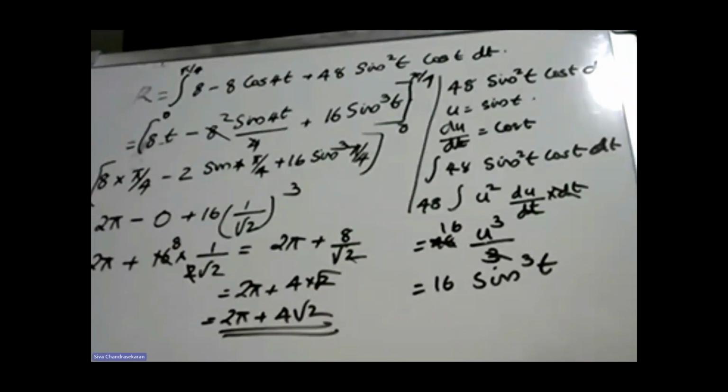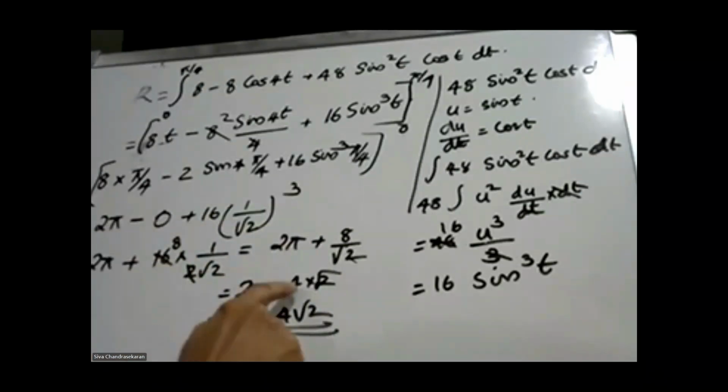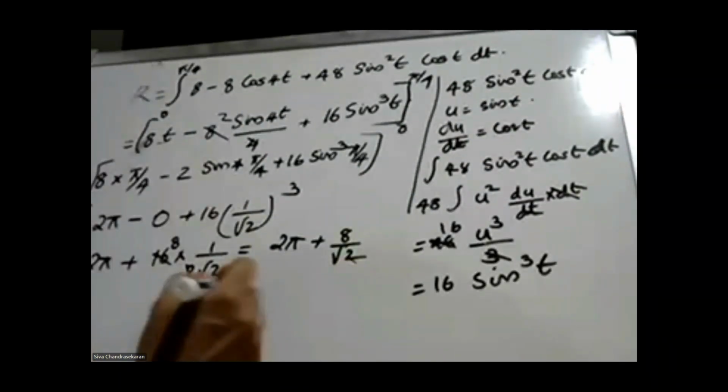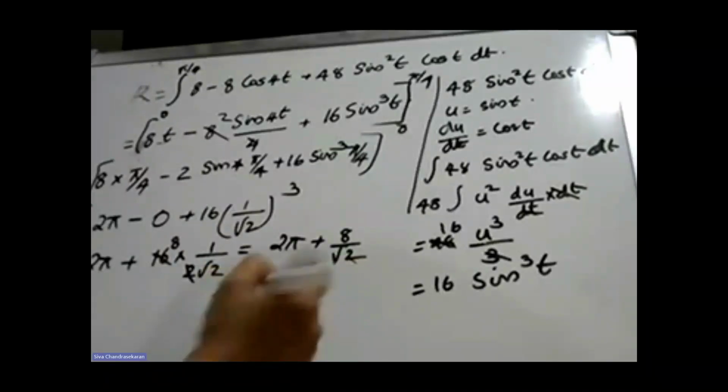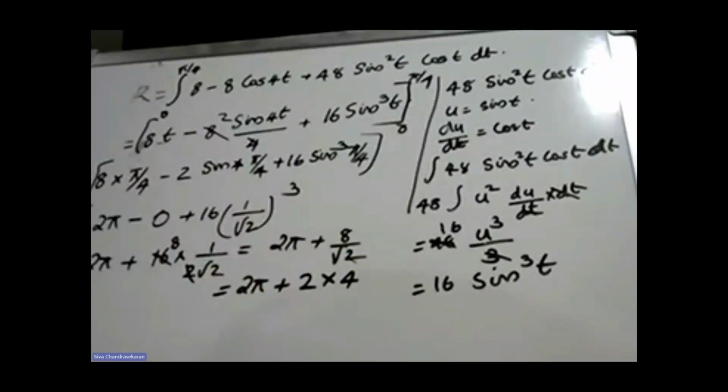Is this clear? How did you get 8 over root 2 to 4 root 2? Okay, I'll show you that. This is equal to 2 pi plus 8, which I can write as 4 times 2, and the denominator is root 2. What is 2?